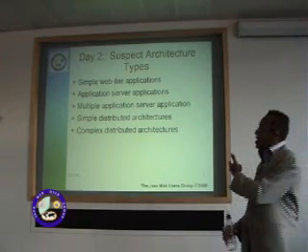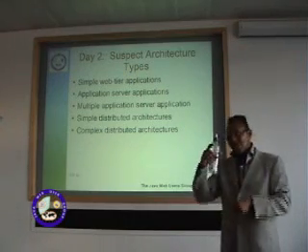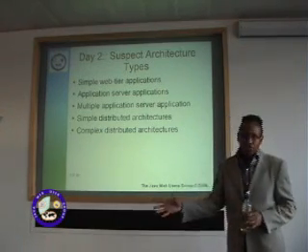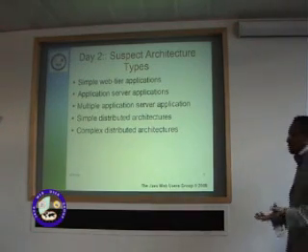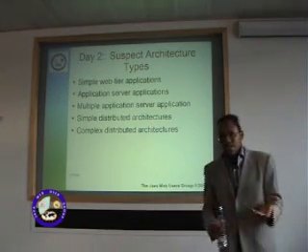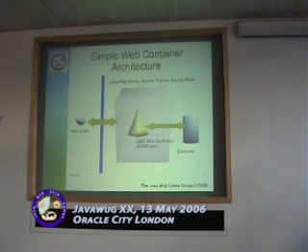Actually, they are application server infrastructures. You can have one application server that runs one single application, or multiple applications running on multiple application servers. So it can get really complex, especially for big enterprises, depending on what they want to do.